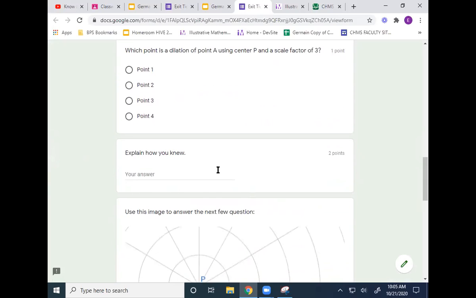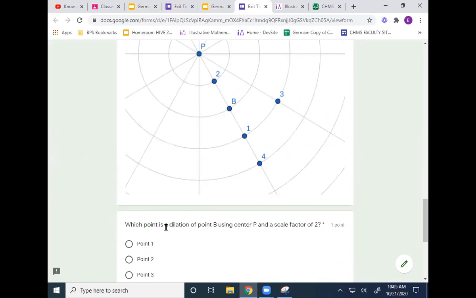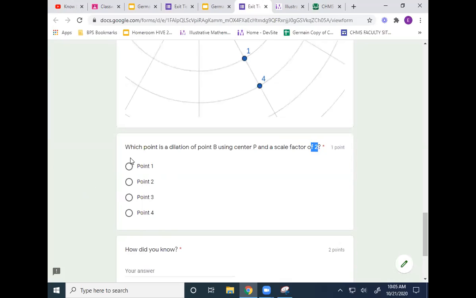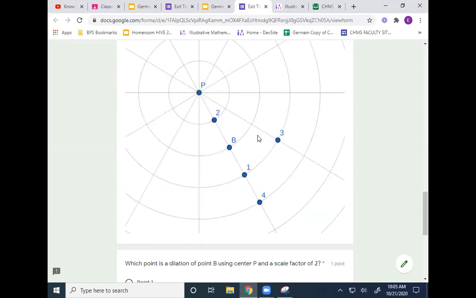Explain how you know, and use this image. Which point is a dilation of point B using center P and a scale factor of 2? So you're going to complete these 4 questions using the 2 images.